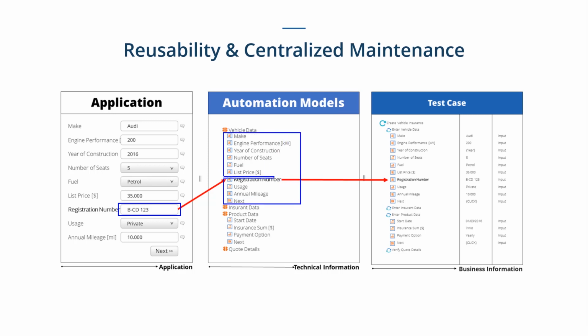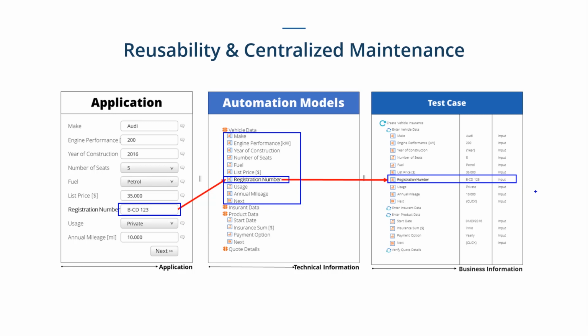Okay, so here you have your registration number text box, and behind this, what we call module attribute in Tosca, you have the technical information that allows Tosca to scan the page and look for that control according to whatever technical criteria you've used to identify it, and then it will steer it, and you will then go to your test case section on the right-hand side of the page, and that's where you're going to enter the information to steer those controls.